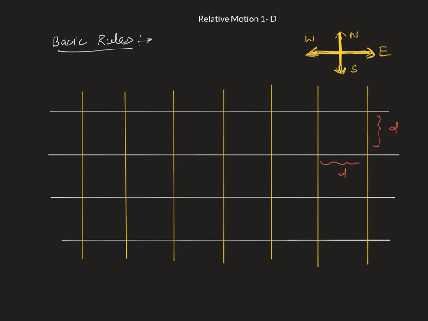So now I have 3 participants with me, or let's say 3 persons. So let's say this is my person P1, and let's say this is my person P2, and let's say this is my person P3. These are the 3 persons that I'm interested in. Now the question is quite simple actually.